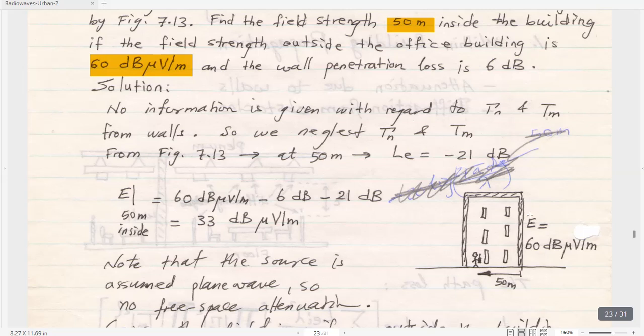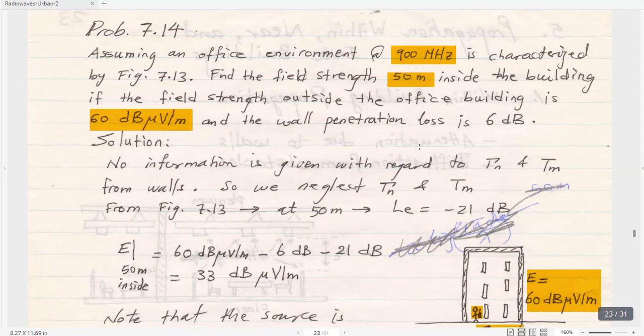The field outside here is 60 dB microvolt per meter, and the receiver is here, at 50 meters away from the wall, and the penetration loss is 6 dB.